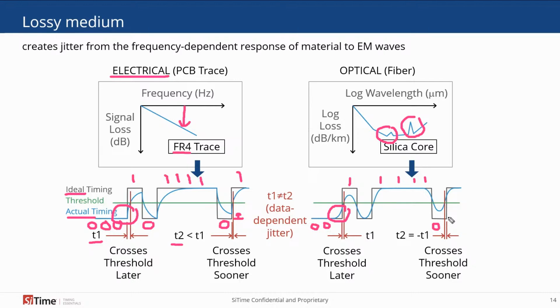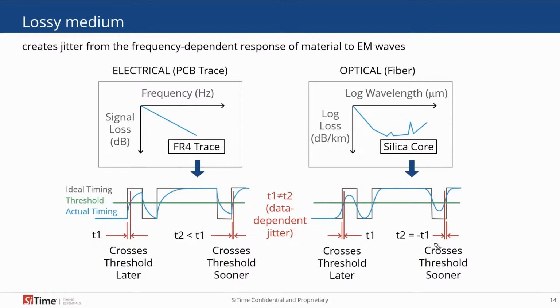But in this case, it occurs before the ideal edge instead of after the ideal edge, and so by symmetry, we see T2 is equal to negative T1. But again, the fact that T2 does not equal T1 means that we have jitter, because there's going to be a variation of where that rising edge crosses the threshold voltage.